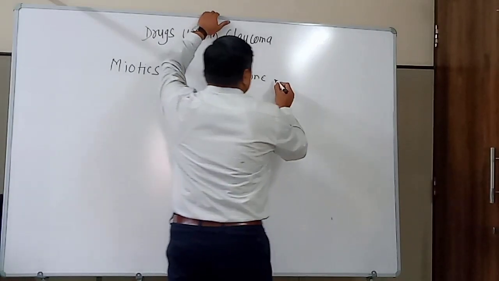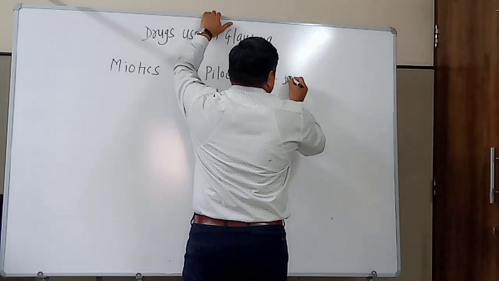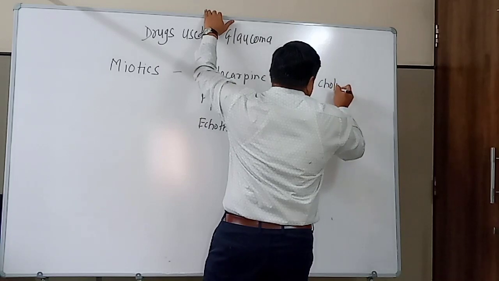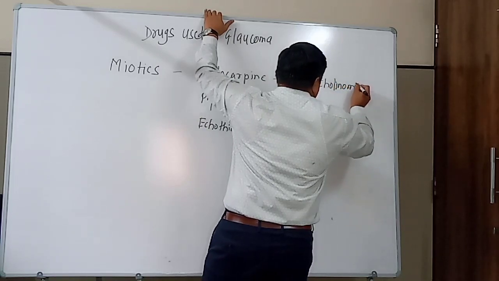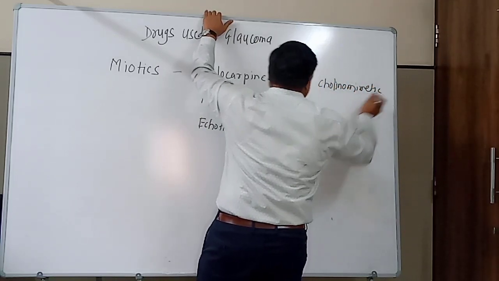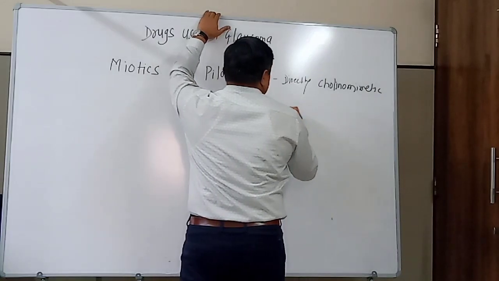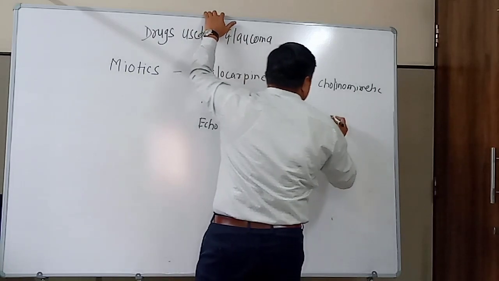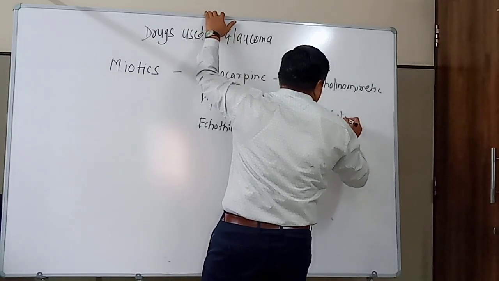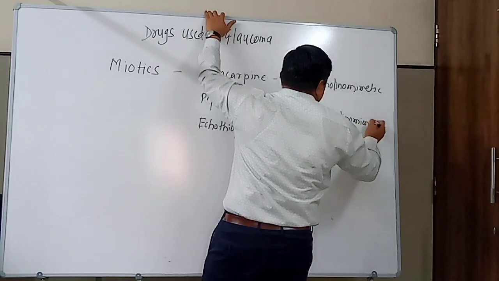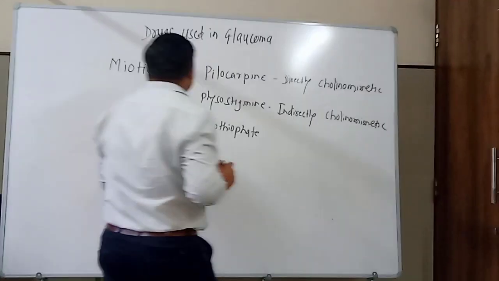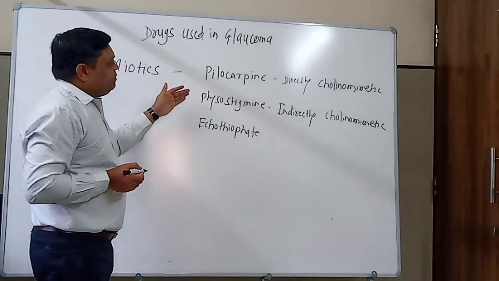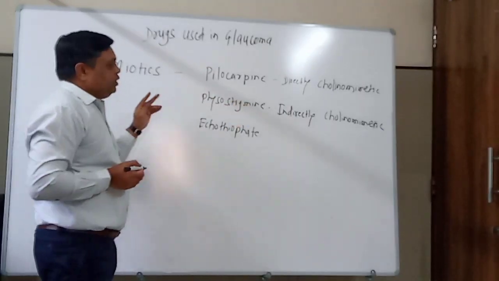Pilocarpine is a directly acting cholinomimetic, and physostigmine is an indirectly acting cholinomimetic.